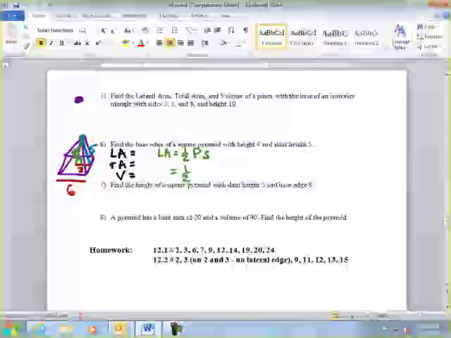How long would it be around the edges of the bottom shape? 24. It's a square, so all of the sides have the same length, and we found that that length is 6. So 6 times 4 is 24 for the perimeter of that square. And the slant height we were given is 5. So we multiply that out, and we find that the lateral area is 60.